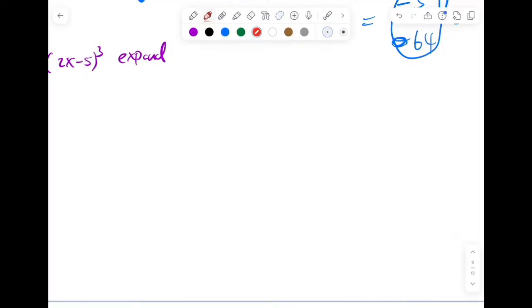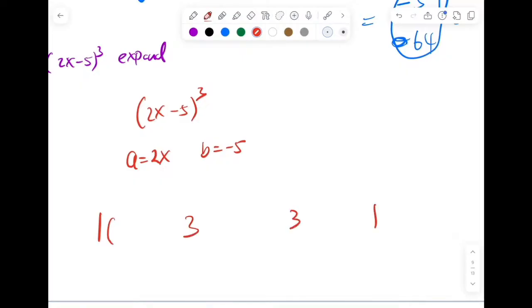Did you get the same answer or no? What is a in this case? 2x. What is b? -5. Okay, so we start with 1, 3, 3, 1, right? a is 2x to the third, 2x to the second, 2x to the first, and then 2x to the 0, which is 1, by the way.